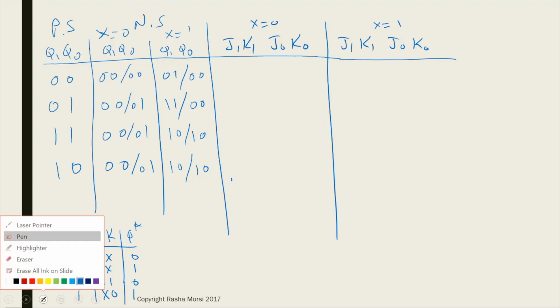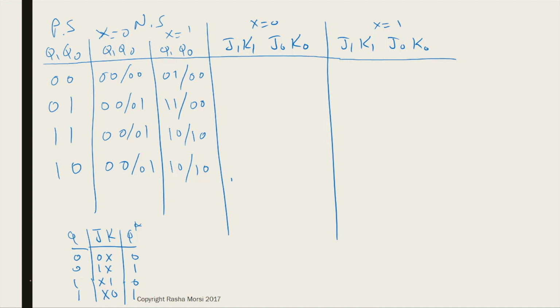So I put those down, which means I have 4 columns for x is 0, 4 columns for x is 1. And then I look at present state for Q1, next state for Q1 when x is 0, and next state for Q1 when x is a 1. And then I use those and use the excitation table we created to get J1, K1 for x is 0, J1, K1 for x is 1.